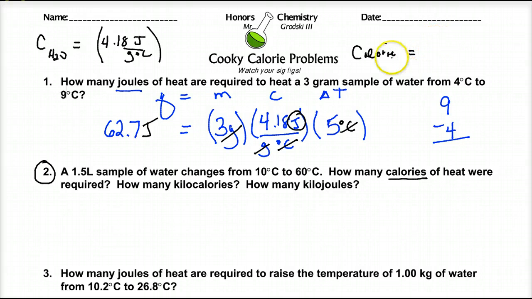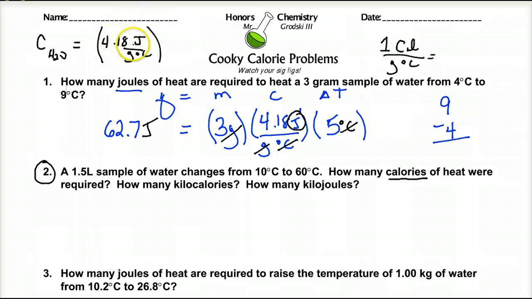The specific heat in calories is the easiest number to remember. It is 1 calorie per gram per degree Celsius, because calorie was defined as the amount of energy it takes to raise 1 gram of water 1 degree Celsius. So the easiest number to remember is 1.